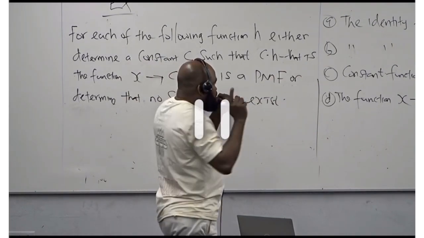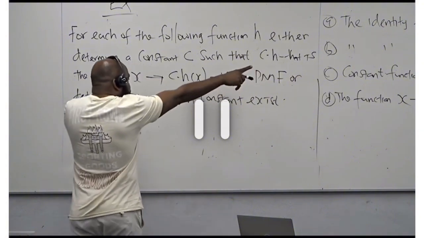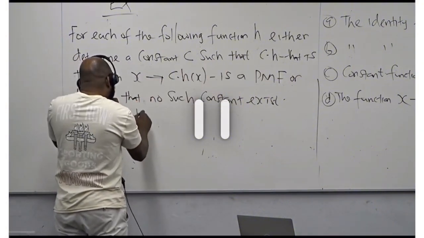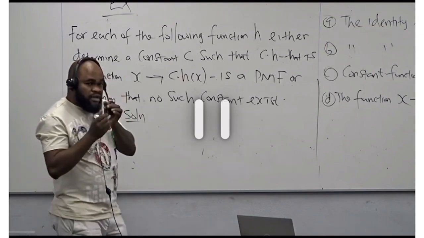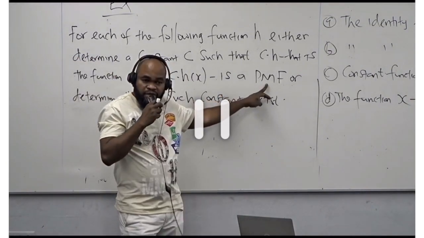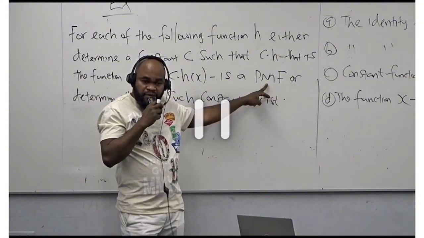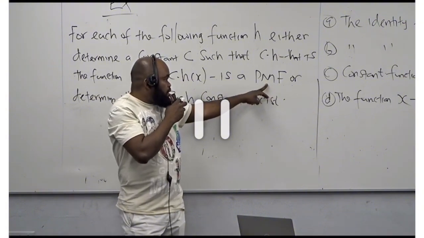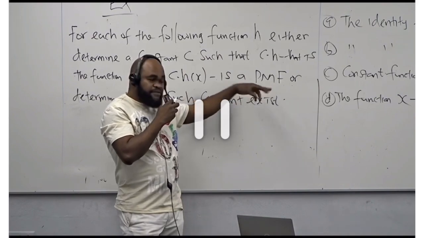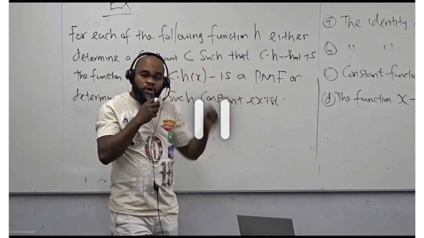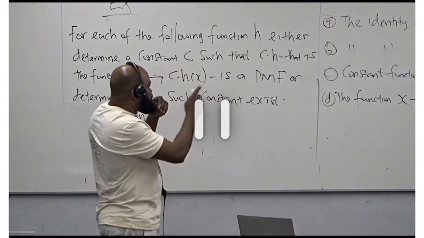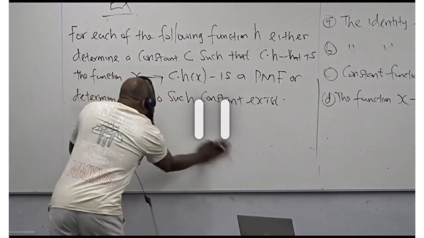To investigate whether a PMF exists, I have to check the Kolmogorov axioms. Now, I want to determine the value of C. You know what this is trying to say?